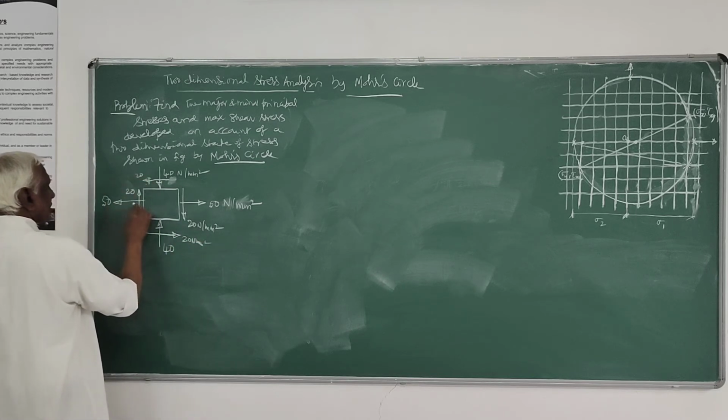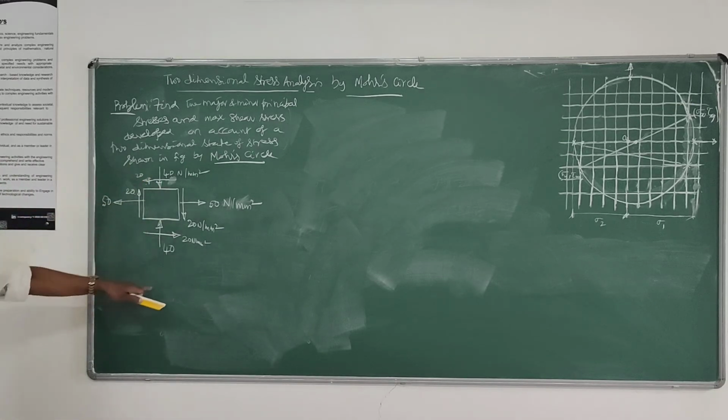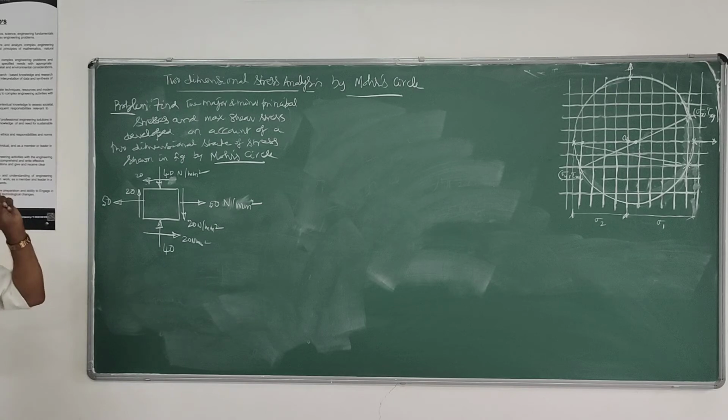This is also 20, and this is also 20. So this is the state of stress given. First we have to make sure the given state of stress in a stress block like this is in equilibrium. Then only you can proceed with your analysis. Otherwise, you cannot proceed.